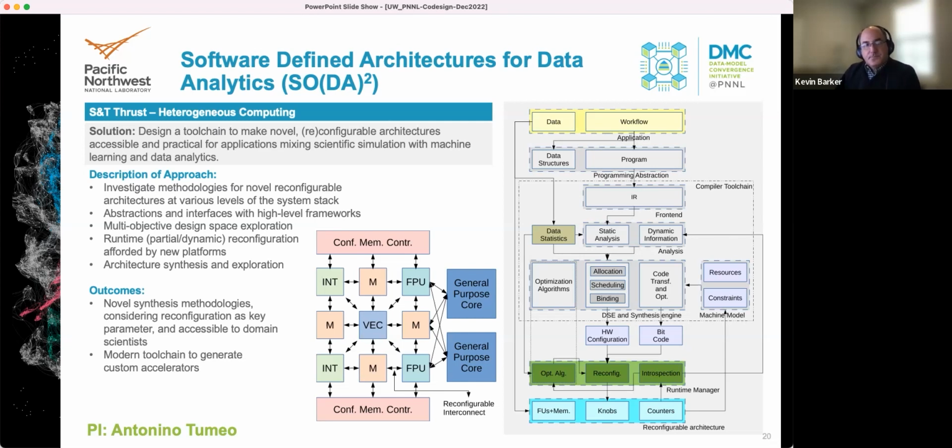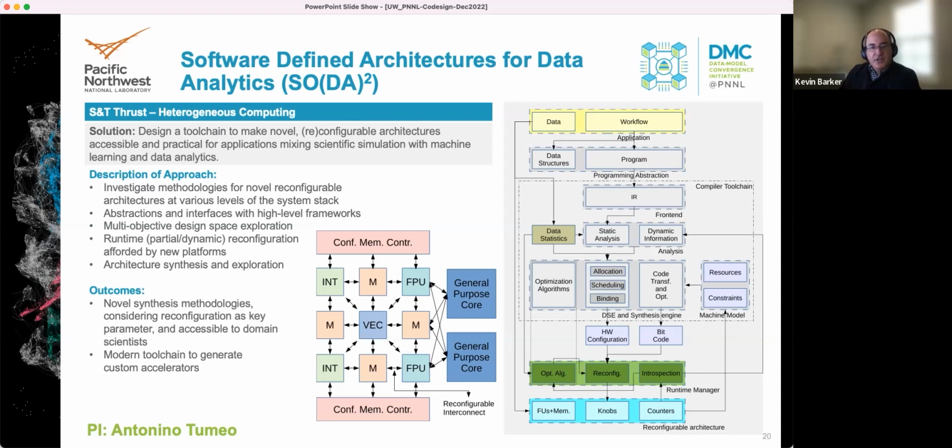So, this is an exciting project, and he's demonstrated quite a few successes with his SOTA toolchain, which is actually made up of a few different components, including SOTA Opt, which is kind of the front-end optimizer, and OpenCGRA, which is kind of the back-end toolchain targeting particular CGRA computing platforms.